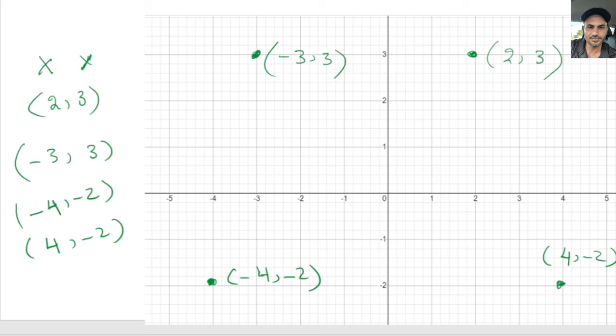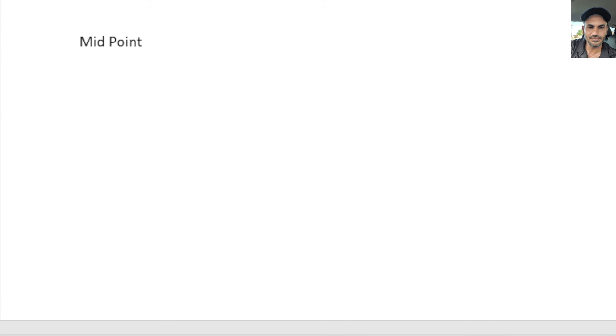And the next one, the last slide, we're looking at the midpoint. We're going to find out how to find the midpoint of two points. So if you're given (2, 3) and you're given another point (5, 7), and you're asked to find the midpoint, how do we find the midpoint? We mark the smaller x value as x1, and this would be y1.